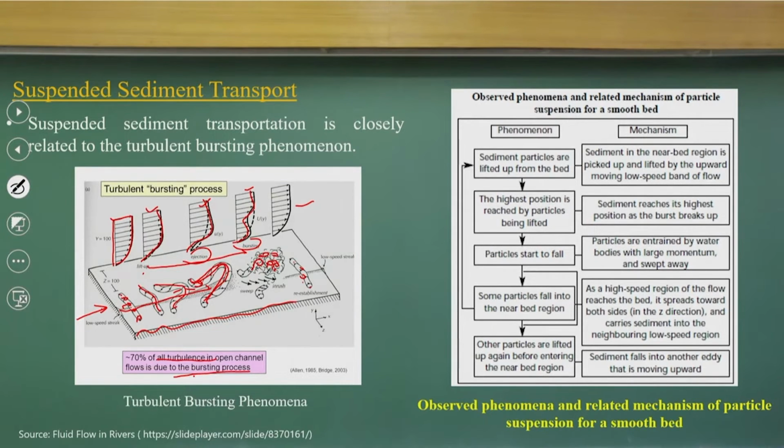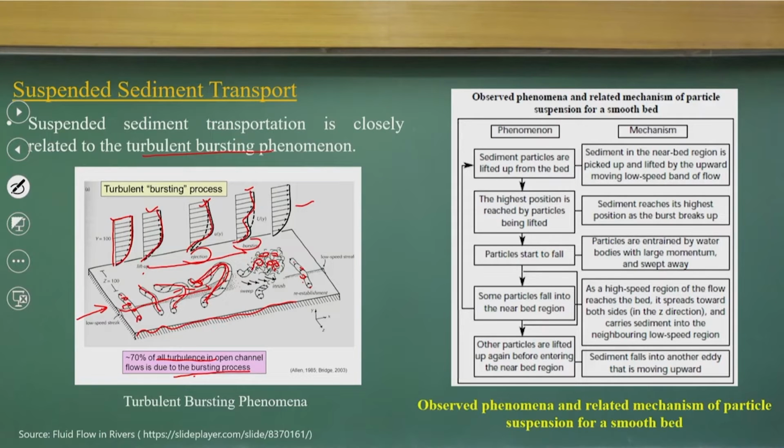So, we are not going to that level of particle detail to look at how the turbulence bursting phenomenon is supporting the additional forces in the upward direction, and that is what is keeping the sediment particles lifted off, ejected, and remaining in the suspended stage.